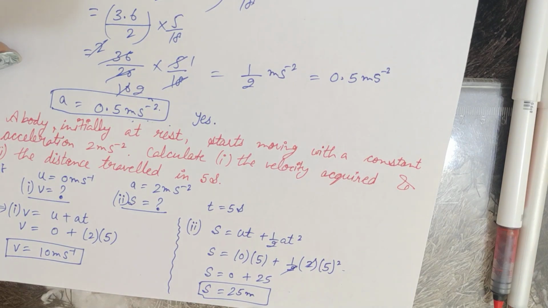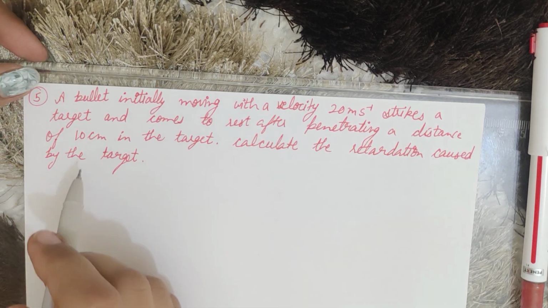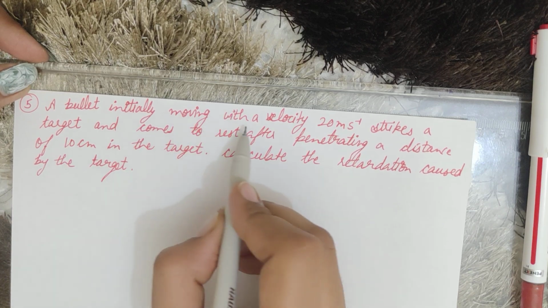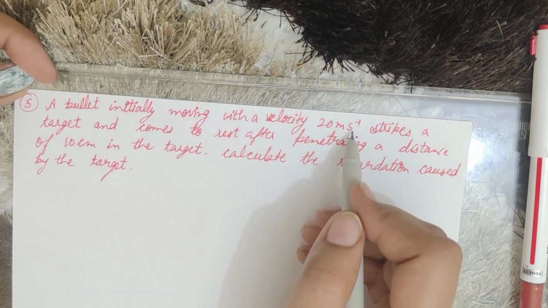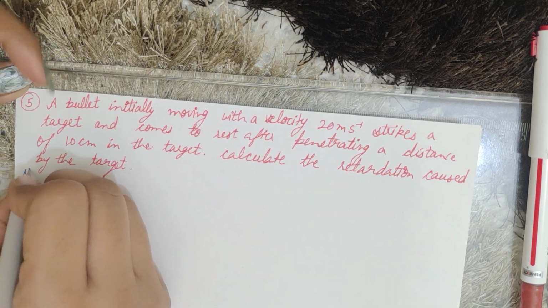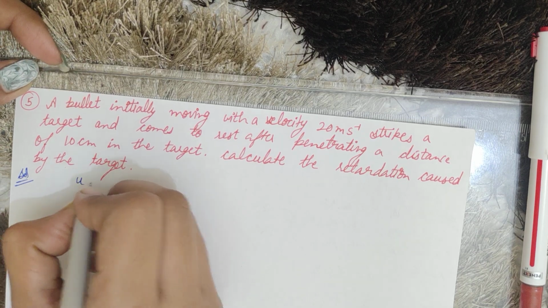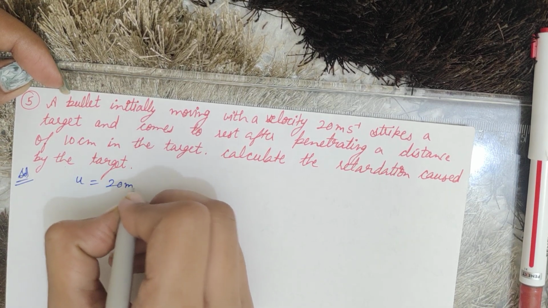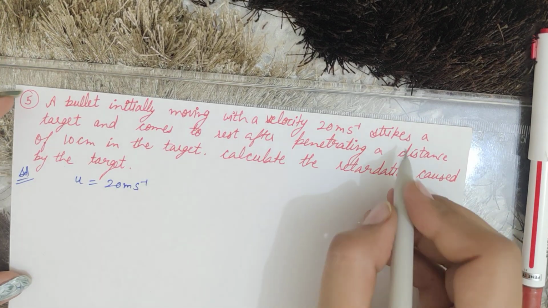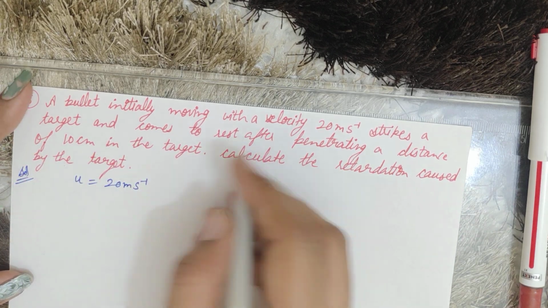Come to the fifth now. Question number 5: a bullet initially moving with the velocity 20 meter per second. Initial velocity is given, means u is 20 meter per second, and the bullet strikes a target and comes to rest.